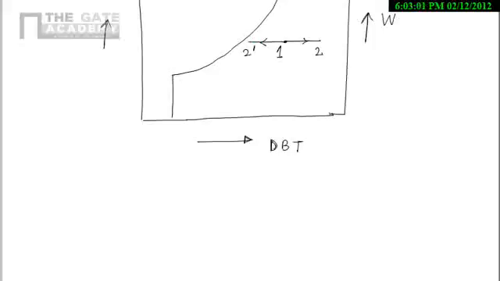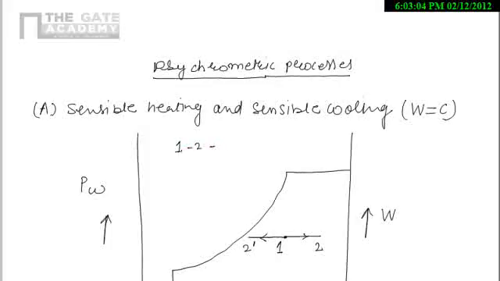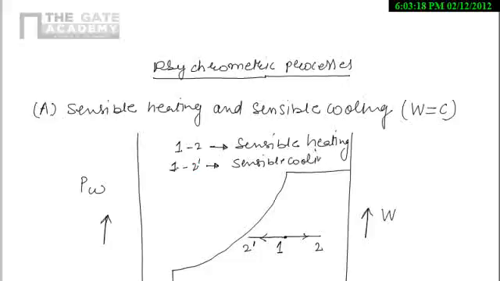So on the psychrometric chart, it is very clear, during sensible heating the temperature is increasing, and during sensible cooling the temperature is decreasing, and in both processes W will remain constant.